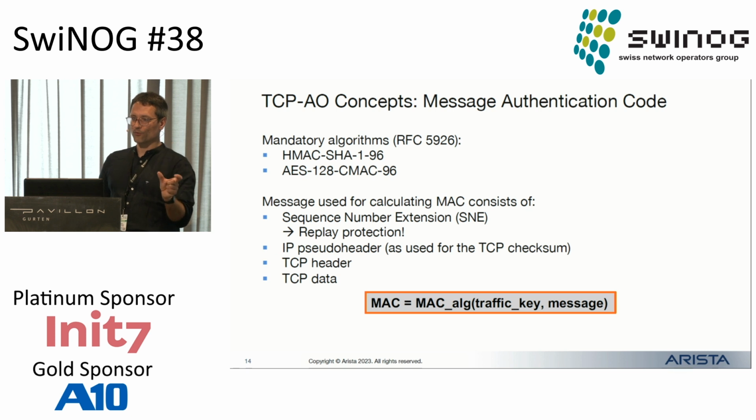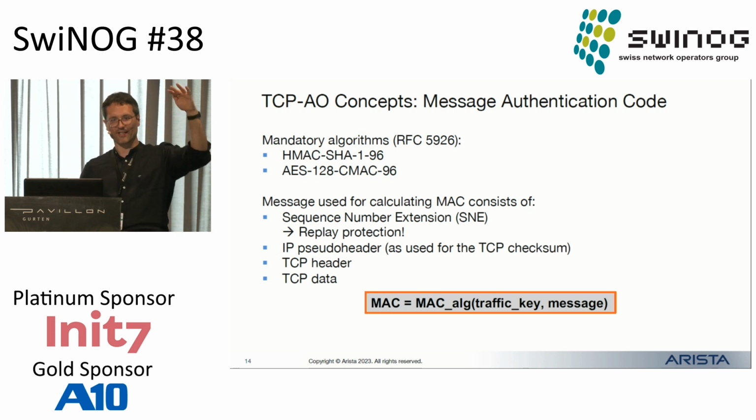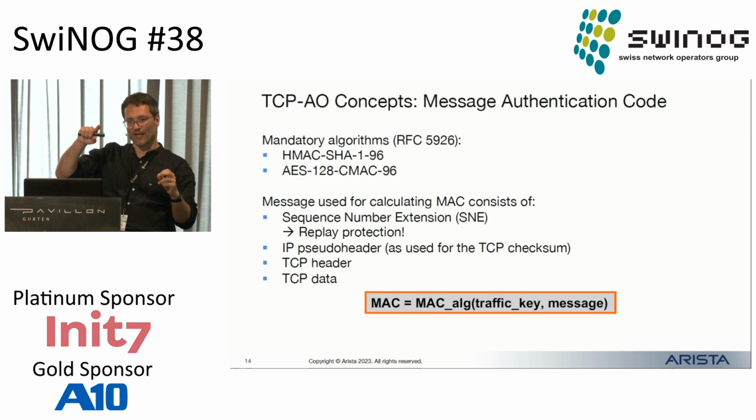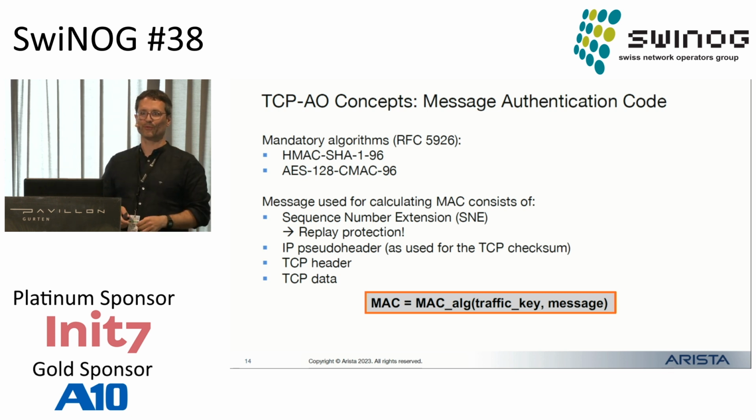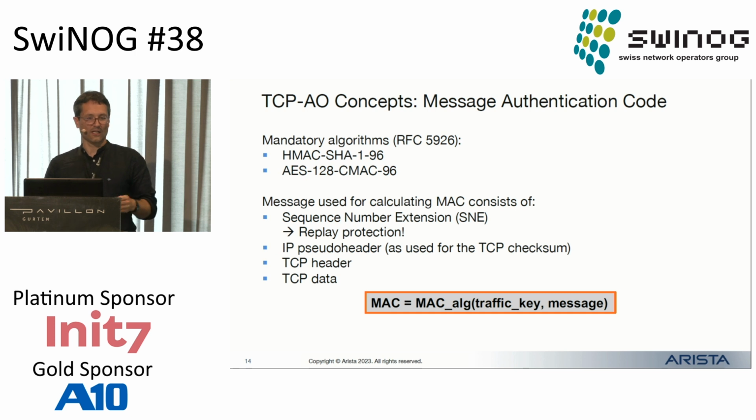TCP AO adds another 32 bits at the upper layer, and every time we have a rollover, it counts one up. So this gives us replay protection. Once we have a rollover of the regular sequence number, we're still protected.